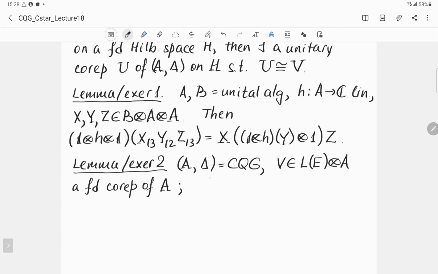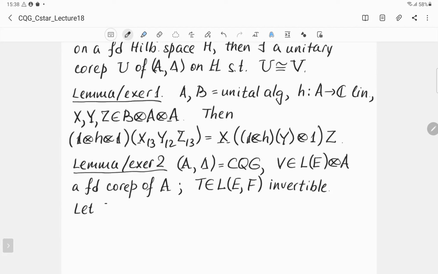And suppose we have an invertible linear operator T from E to another finite dimensional vector space F. And let's consider the following element.